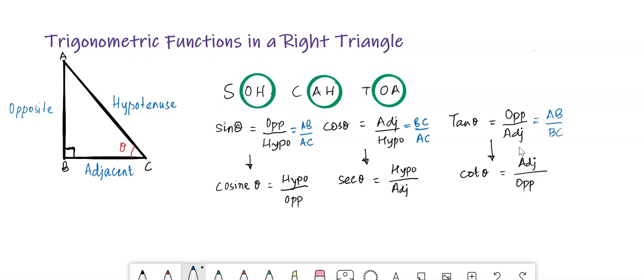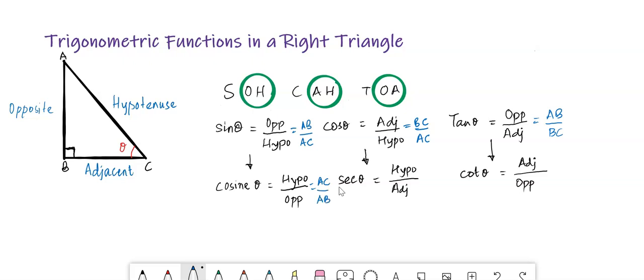When we are done with the first 3 trigonometric functions, sine theta, cos theta, and tan theta, we can write the next 3, which are actually the inverse of each one of them respectively. So cosecant theta is the flipped reciprocal of opposite over hypotenuse, which is hypotenuse over opposite, AC over AB.